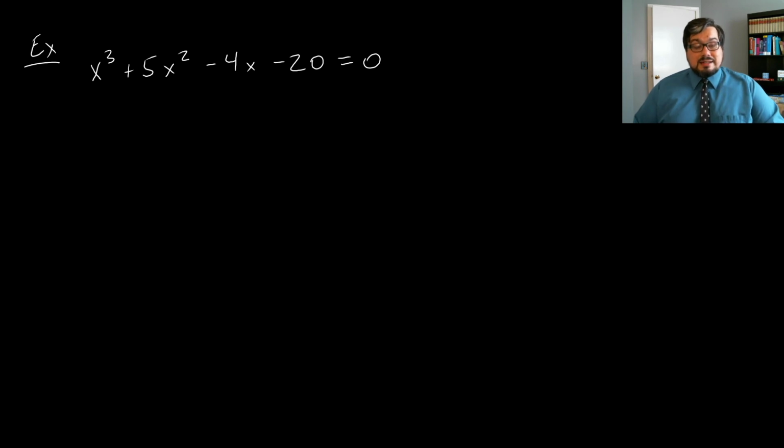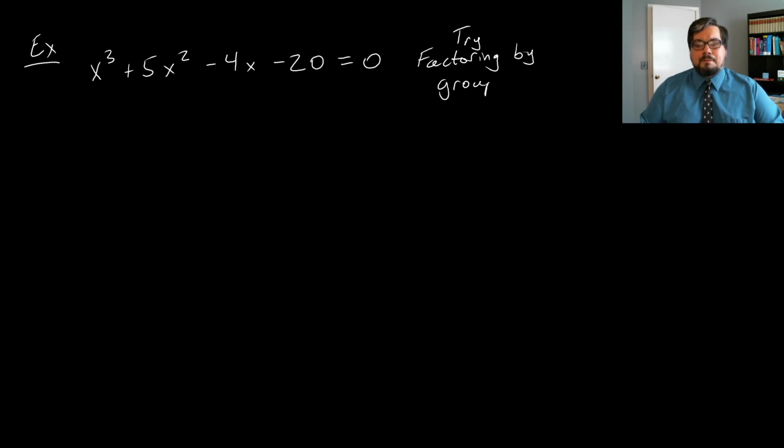Now, when you're in a case like this, you can always try a technique called factoring by grouping. I should say we will try factoring by grouping. It will sometimes work. Frankly, it often won't. But if you're stuck and you're not sure where to go, factoring by grouping is a way to go.